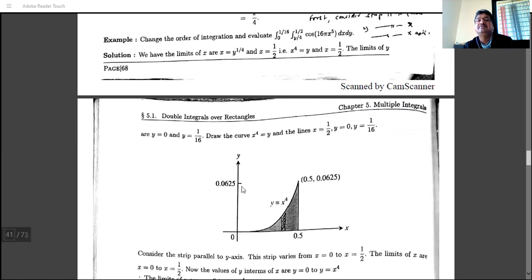Then the point of intersection is what? Solve y equal to x^4 and substitute x equal to half. Then x is 0.5, and y is 0.5 raised to 4, that is 0.0625.